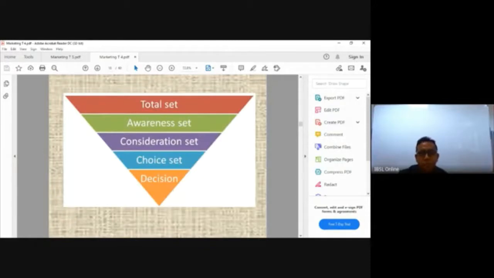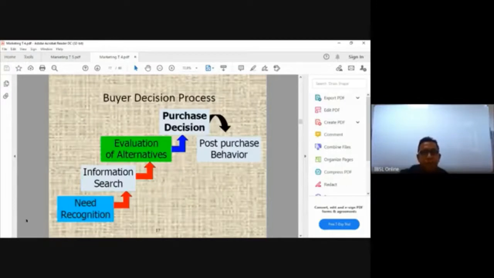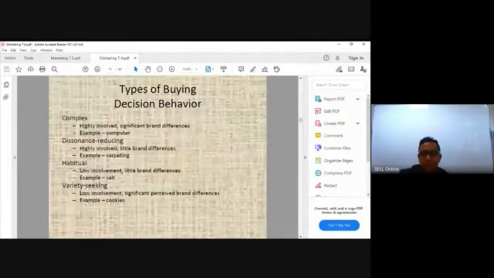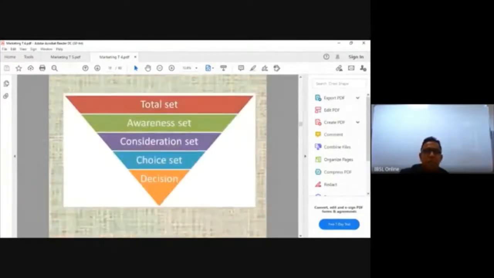Now I told you about the information search stage, so let me take you to this section. What do you mean by the total set here? Kotler said the total set is the type of products in the market.